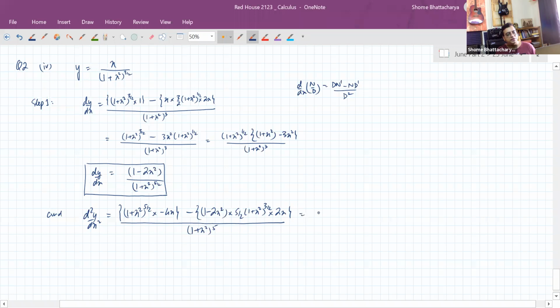So similar kind of patience we have to do this also. So minus 4x into 1 plus x square to the power 5 by 2. So it will become minus, this 2 and 2 will cancel. Okay. So we have 5x, okay, into 1 minus 2x square into 1 plus x square to the power 3 by 2.